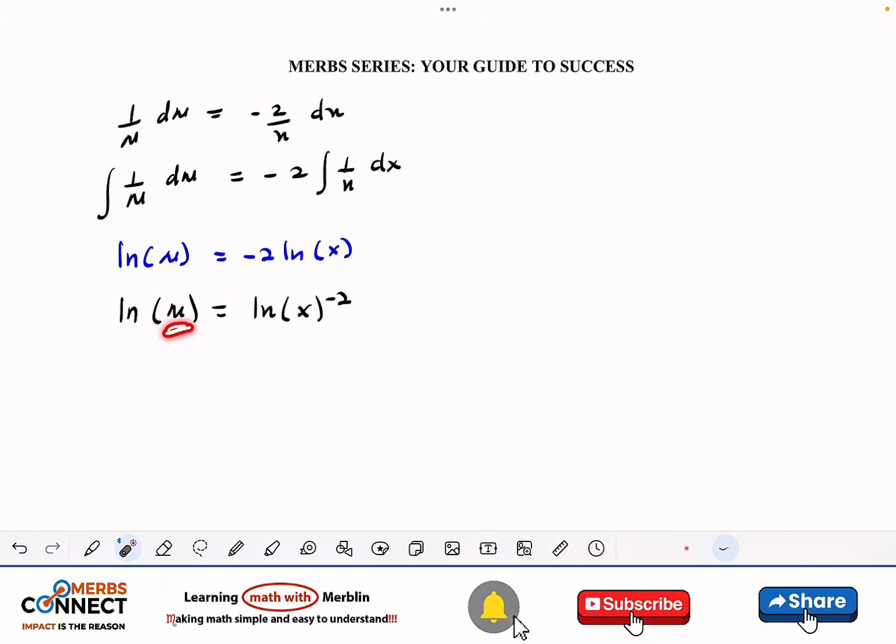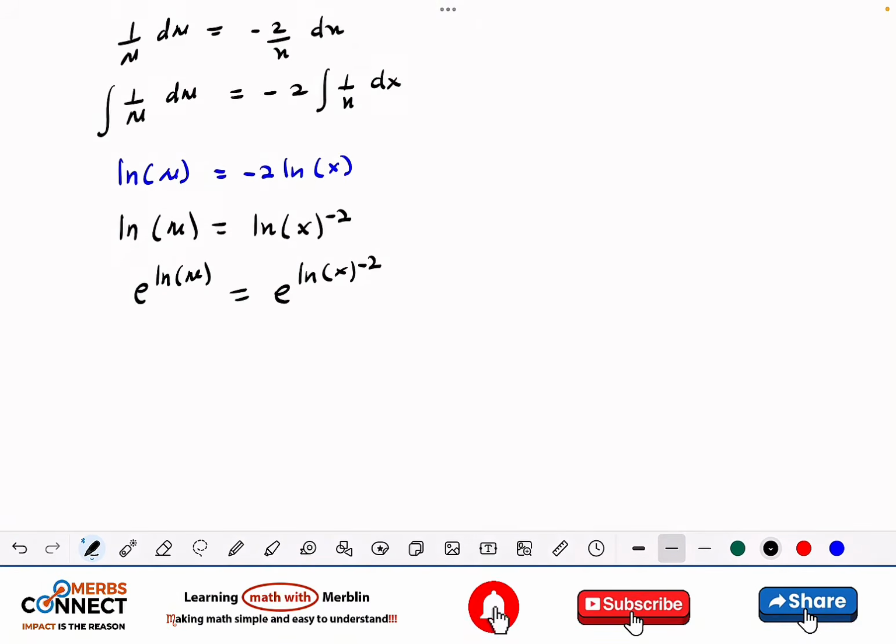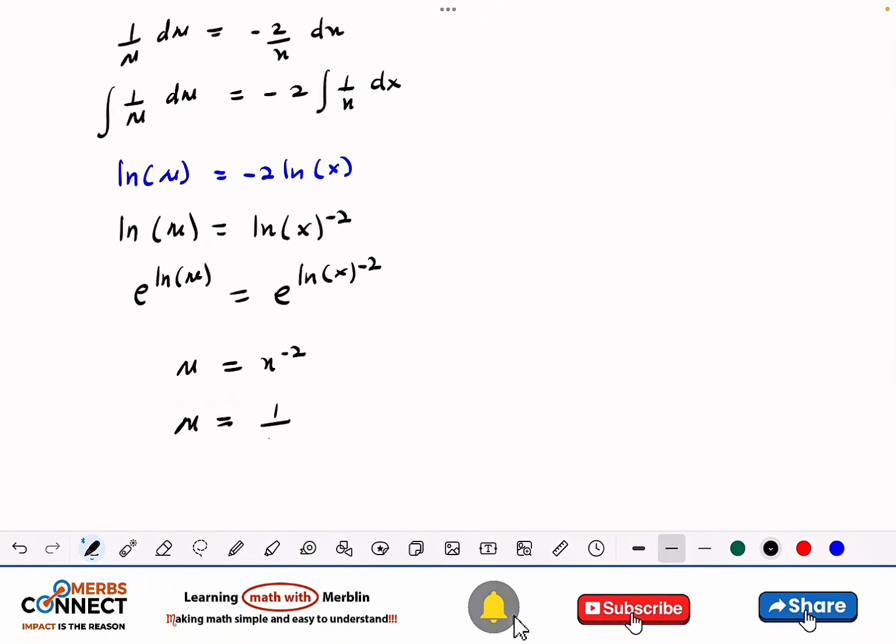I'm finding mu. So what do I need to do? I need to take the exponential function. So mu is equal to e to the power ln x to the minus 2. And this is going to give us mu equals x to the power minus 2, and this is equal to 1 divided by x squared. So 1 divided by x squared is the integrating factor. So the integrating factor now is in terms of x.